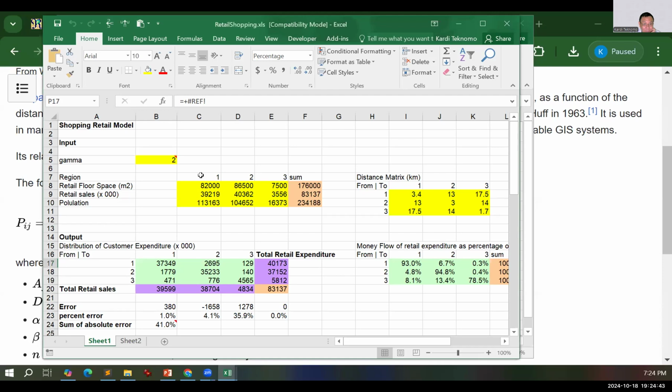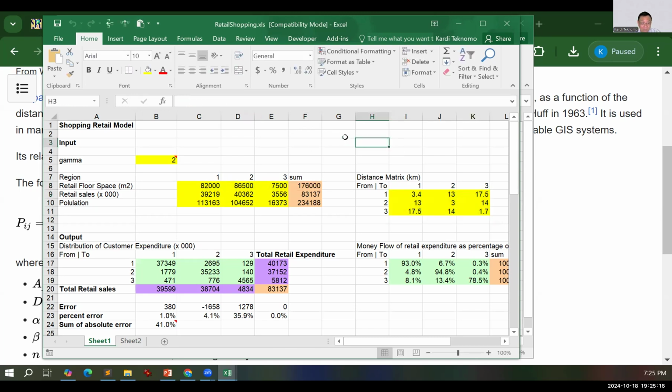So if you say you have 3 regions here, and you have floor space representing the attractiveness. Suppose you also get the sales in terms of money, and you also know the population. In that case, we can just take the sum here, and suppose you also know the distance.